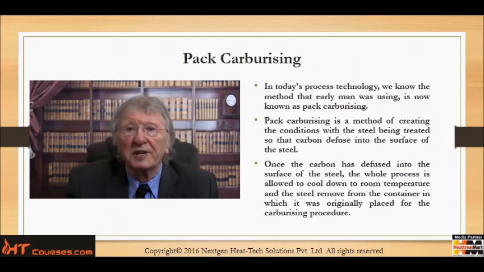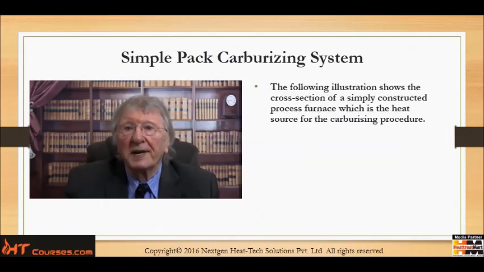Once the carbon is diffused into the surface of the steel, the whole process is allowed to cool down to room temperature and the steel removed from the container in which it was originally placed for the carburizing procedure. The following illustration shows a cross-section of a simply constructed process furnace, which is the heat source for the carburizing procedure.